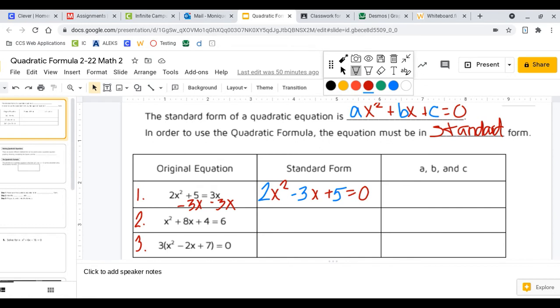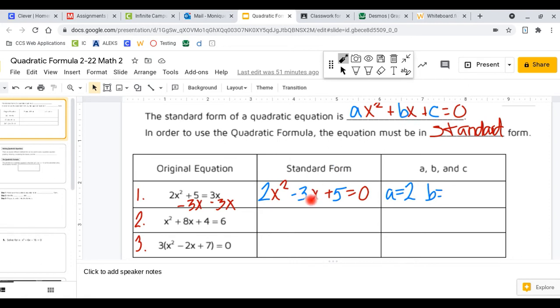To find A, B, and C, you simply look in the place of each. I've color-coded in blue where A, B, and C should be. A should always be next to the x squared term. So 2 is next to the x squared term, so 2 is A. Then B: what is next to the x term?